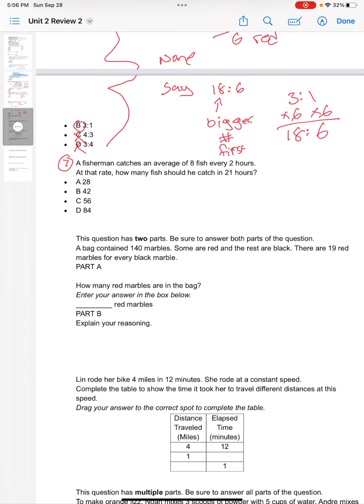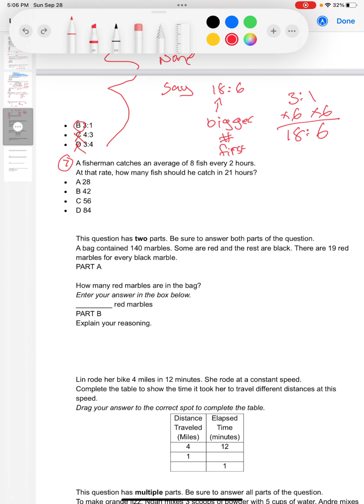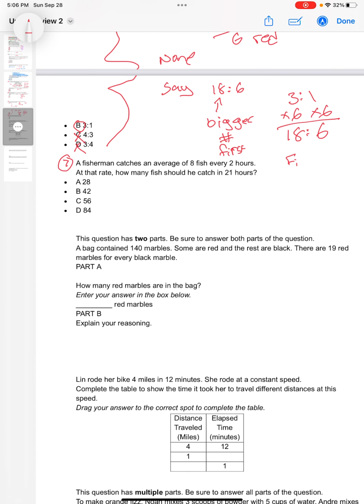So there's a couple of ways we can do this. Personally, I prefer a table. So fish, hours, and so 8 every 2, so that means 4 every 1.